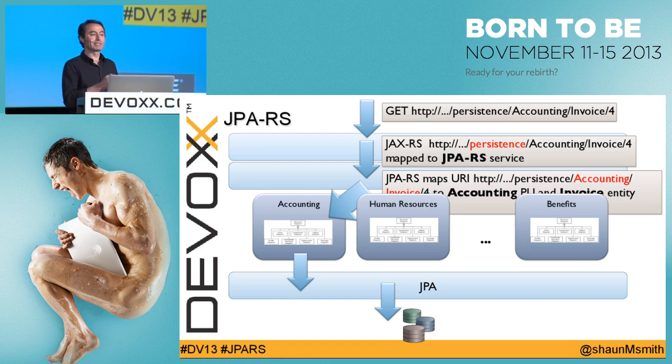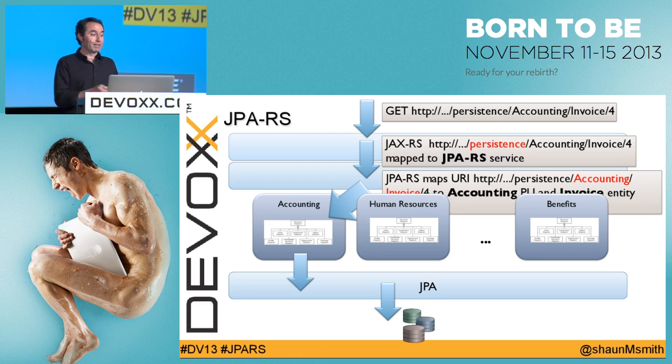So if you say persistence/accounting/invoice/4, a slightly longer and different URI than before, we register with JAX-RS saying anything with persistence comes to us. We get past this path. We parse off accounting/invoice/4, and we say, okay, accounting means they want to talk to things in the accounting persistence unit, because you could have many persistence units in your application.